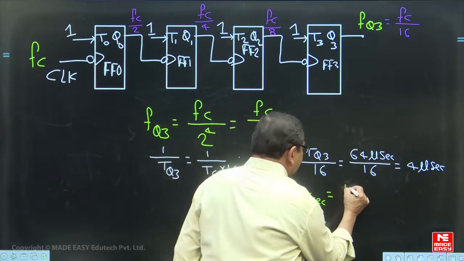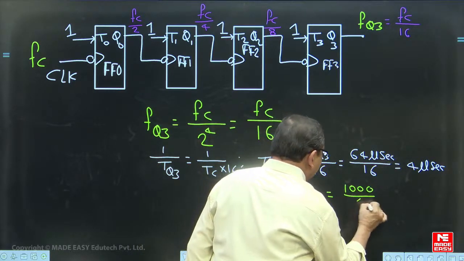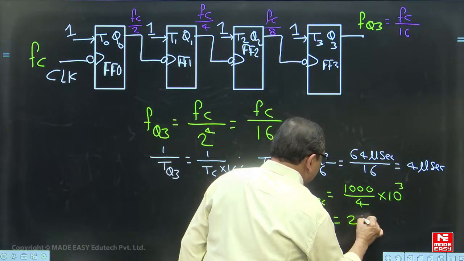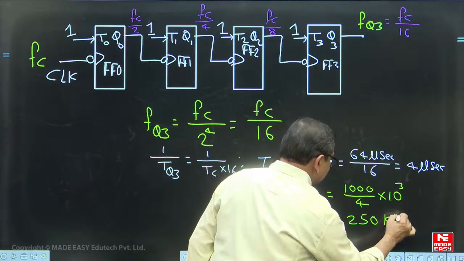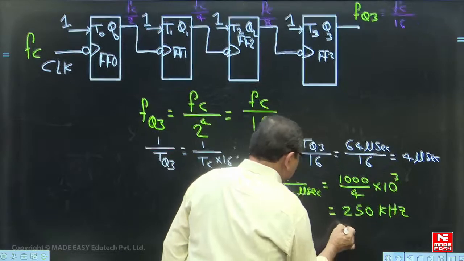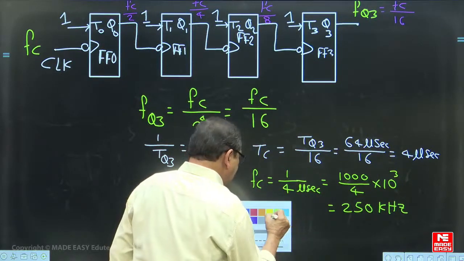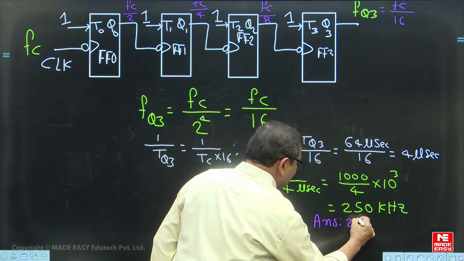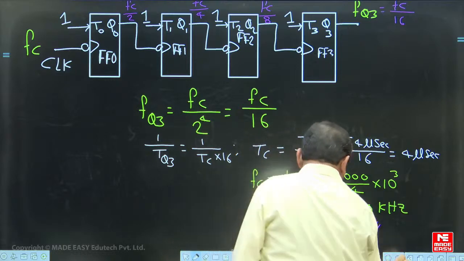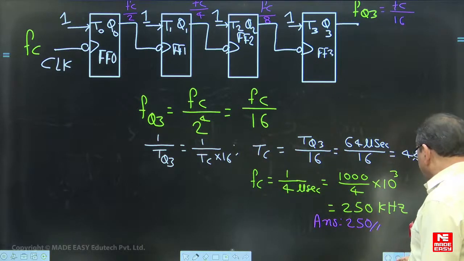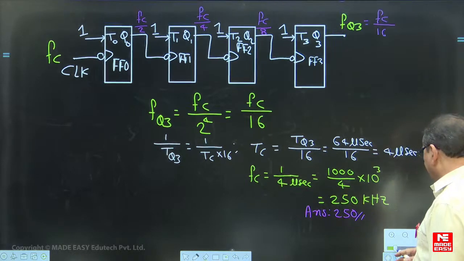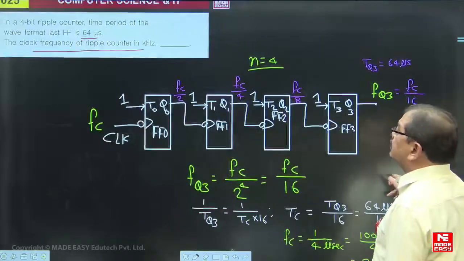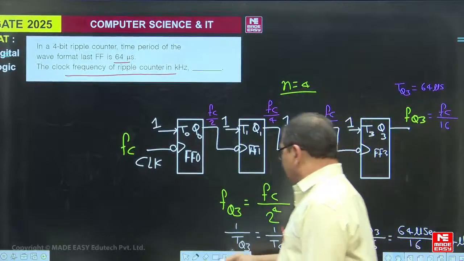So we can read this as 1000 by 4 into 10 to the power of 3, which gives 250 kilohertz. So based on this description, the answer to this question is 250. Most probably this question came with a weightage of 2 marks. So the answer for this question is 250 kilohertz.